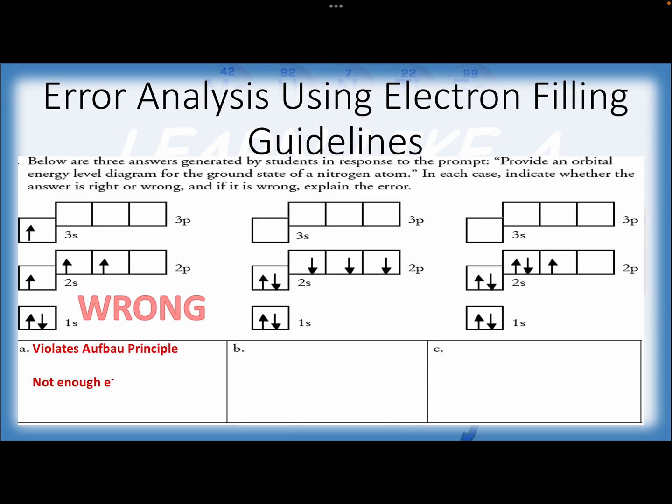Looking at the second example, it looks a little unconventional, but even though it's unconventional, it doesn't mean it's incorrect. This would be permissible according to all the guidelines. You have no empty orbitals, so we're not violating Aufbau.